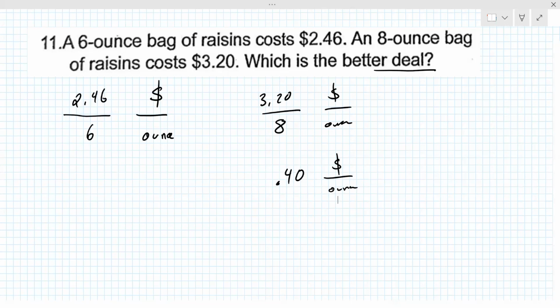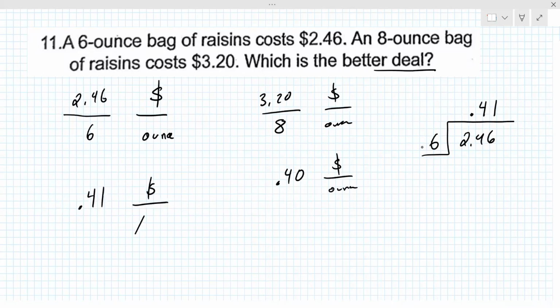Would the 2.46 be on the inside of the box or the outside? 6 goes outside and 2.46 on the inside, and the decimal place up here. So that's 2. That's 0.41 per ounce.